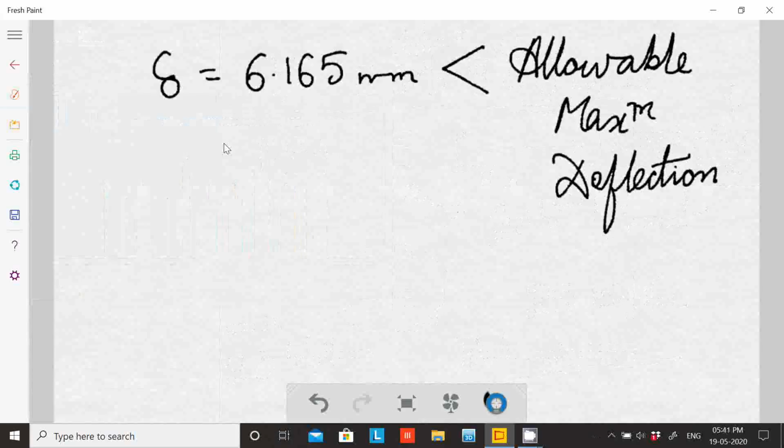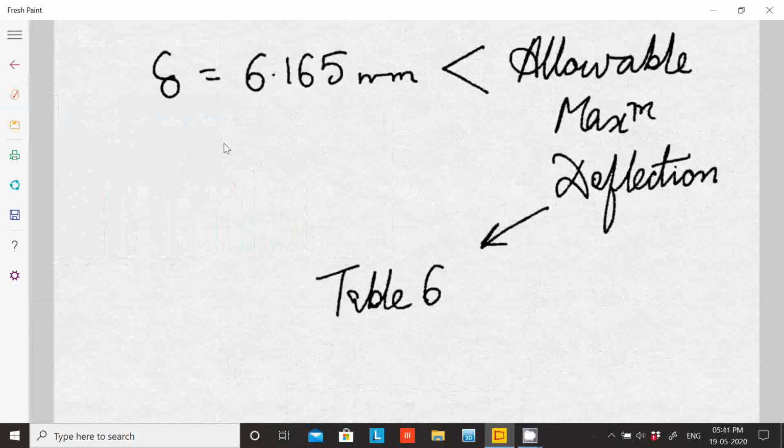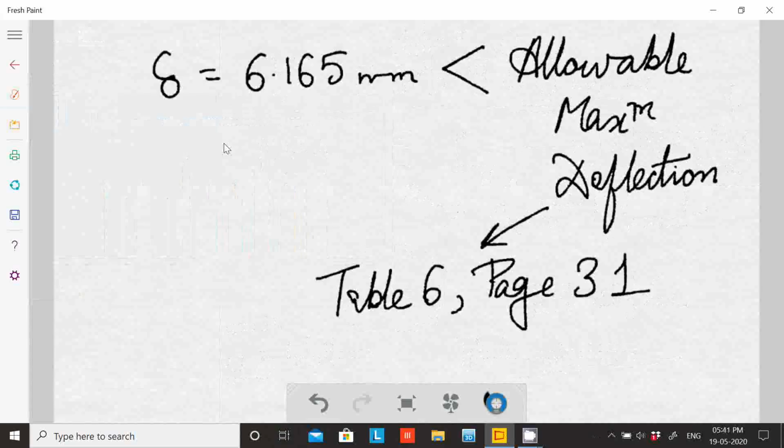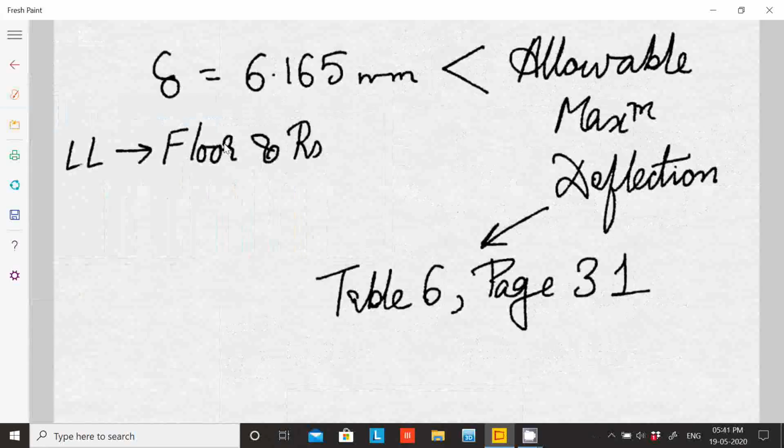For that you need to go to Table 6, page 31. Here we are looking for live load. At the bottom of the table, for live load, you have to select floor and roof because the beam is laterally restrained.